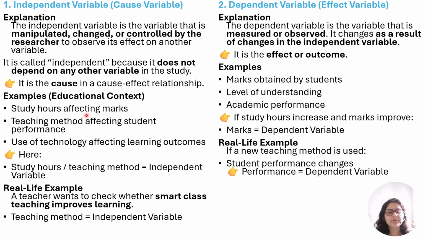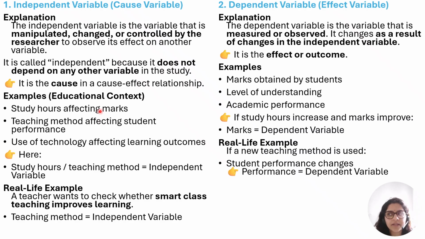You will clearly understand after you study the examples. First example is study hours affecting marks. So how will study hours affect the marks of the student? A researcher will keep varying the study hours. First he will give 2 hours of study time, then observe how it affects the marks of the student.